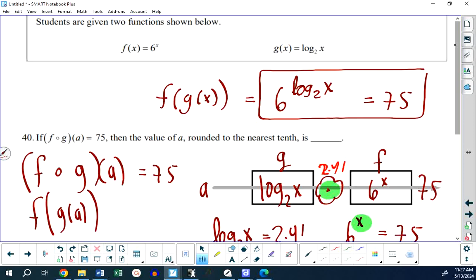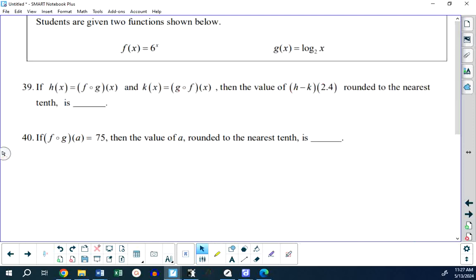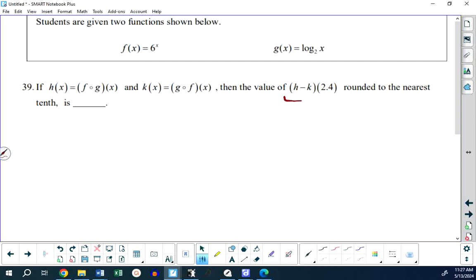Okay, let's take a look at number 39 now. So, you're told that there's 2 new functions that are not in the box. One of them is h of x, and one of them is k of x. And you need to know them because you're asked to determine h minus k of 2.4, which is h of 2.4 minus k of 2.4, right?